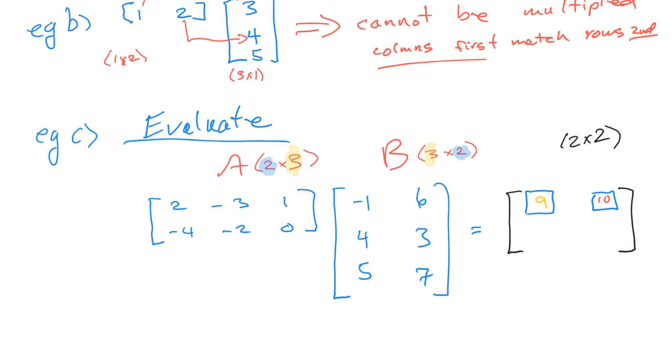So now we've finished the first row with everything in the second matrix, and we want to construct the second row.